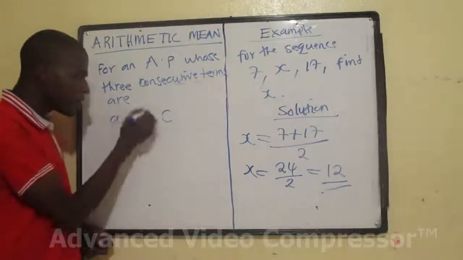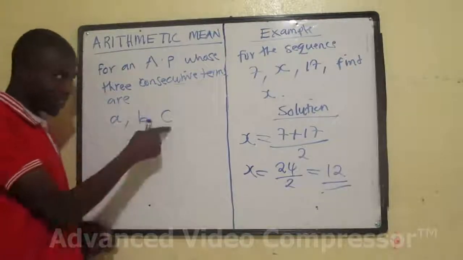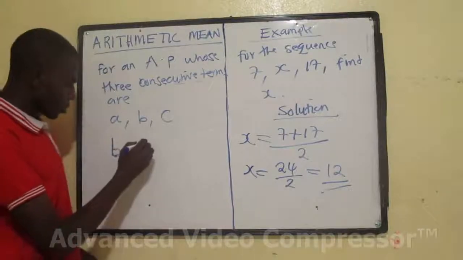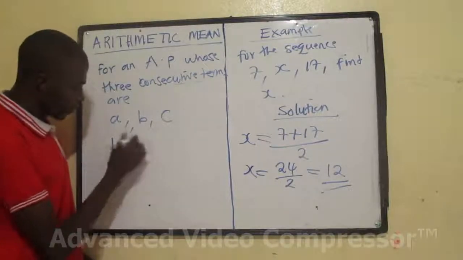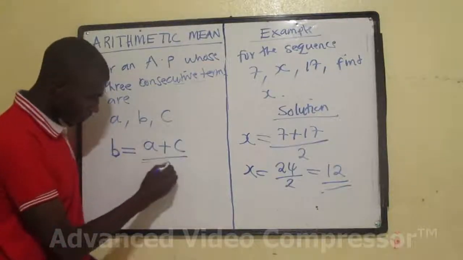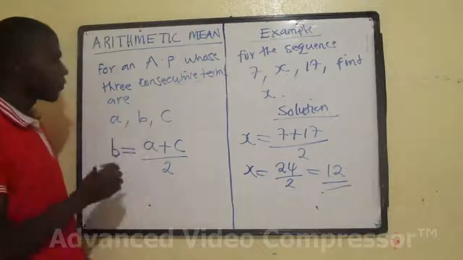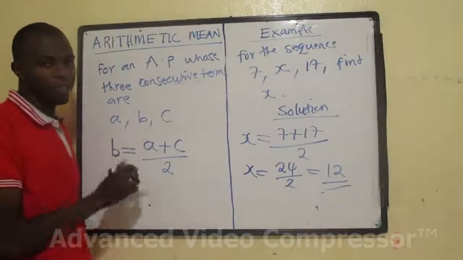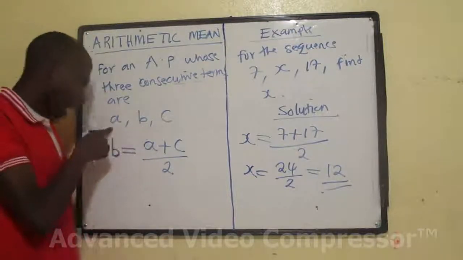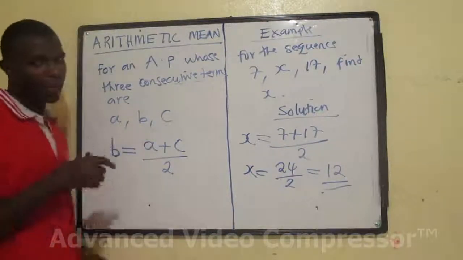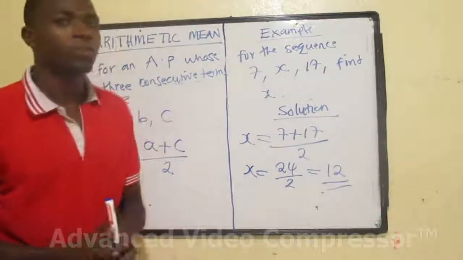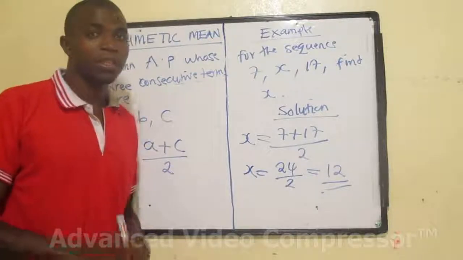B is the arithmetic mean of A and C, so B equals A plus C over 2. This is the formula for the arithmetic mean. To find the middle term, add these two terms and divide your answer by 2.